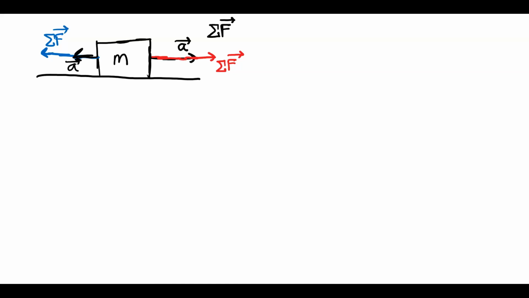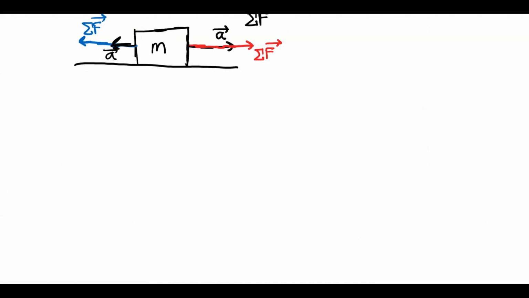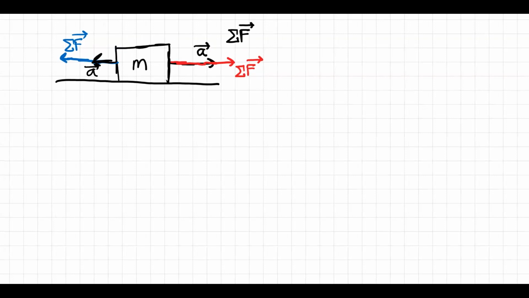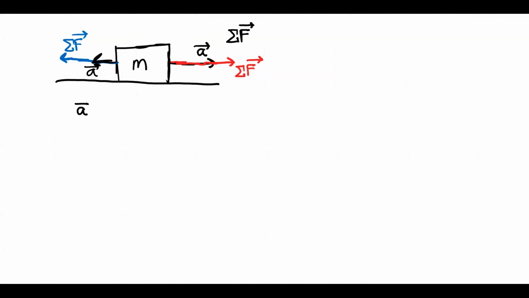And what the second law states is that the acceleration is inversely proportional to the mass and directly proportional to the net force. So basically, the acceleration is the net force over the mass.